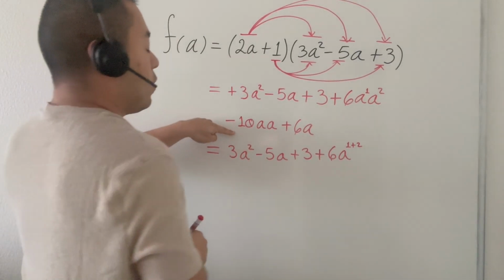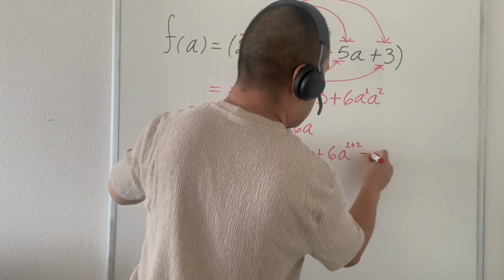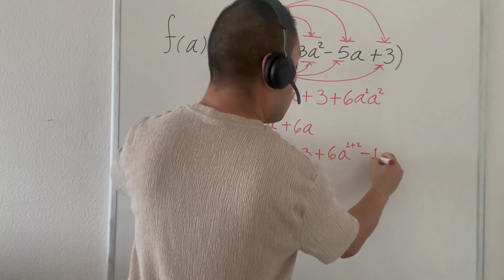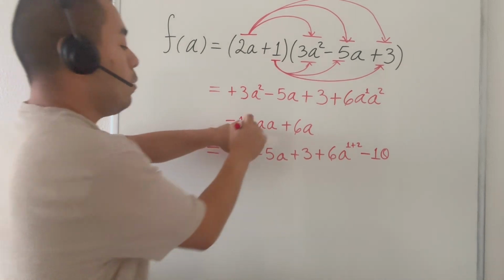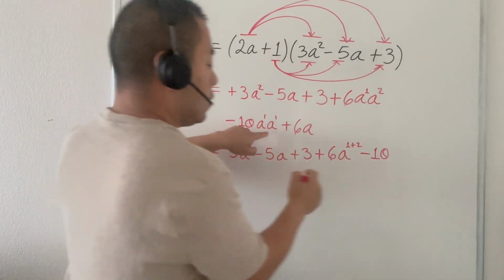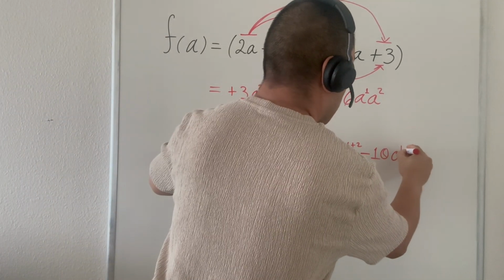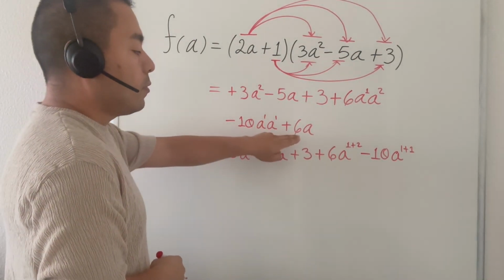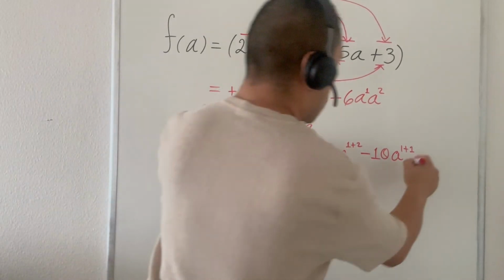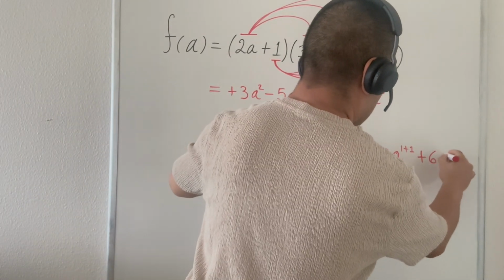For the fifth term, sorry, we have minus 10, and then we have an a power 1 and an a power 1. This will be a power 1 plus 1 by the law of exponents. And the last one will be plus 6a.